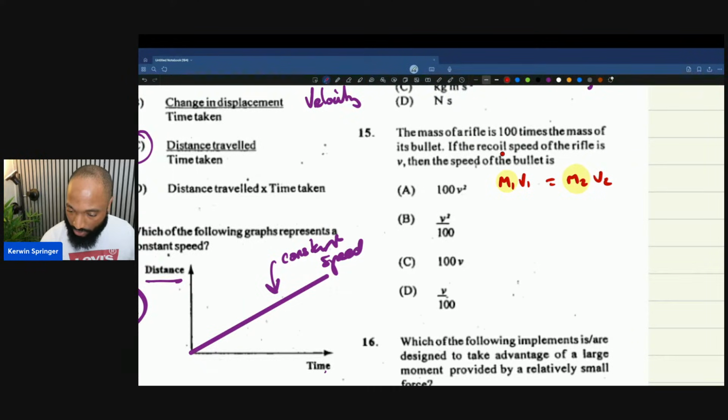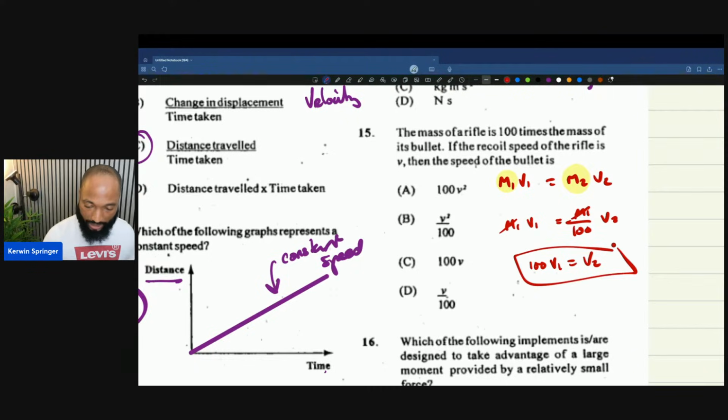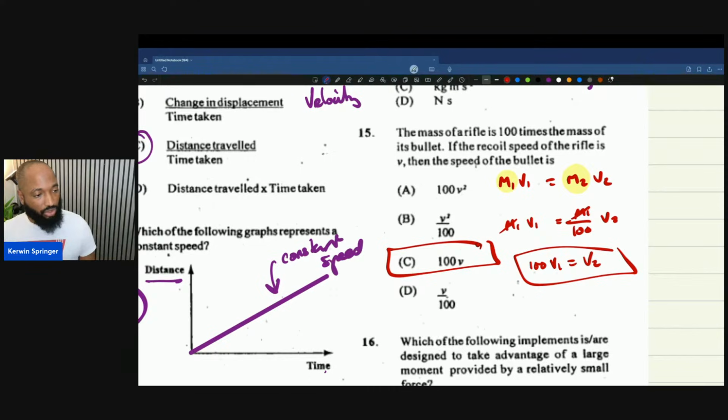The rifle is 100 times the mass of the bullet, so the bullet's mass is M1 over 100. M1 over 100 times V2 is equal to M1 V1. The M's cancel. Bring across the 100, and you get 100 times V1 is V2. So this is the answer, 100V. Answer is C. So it's going to be 100 times faster.